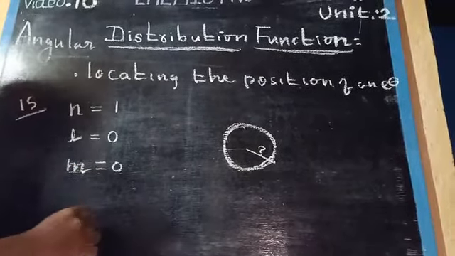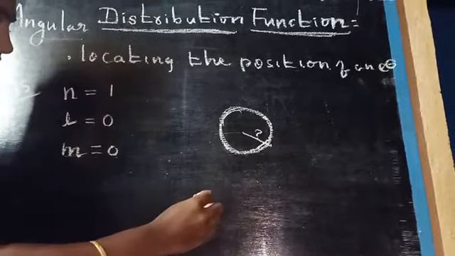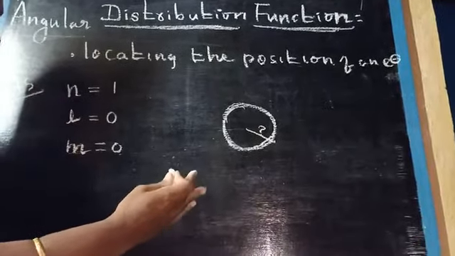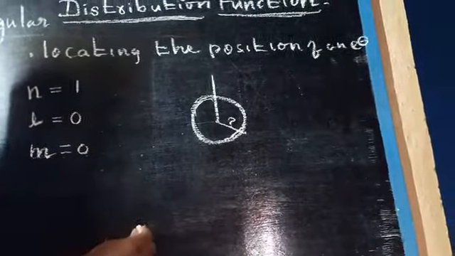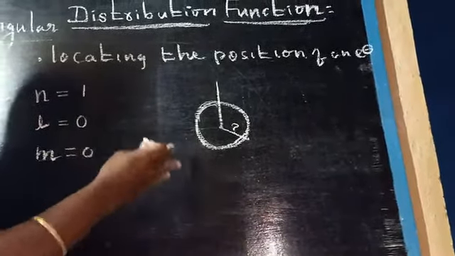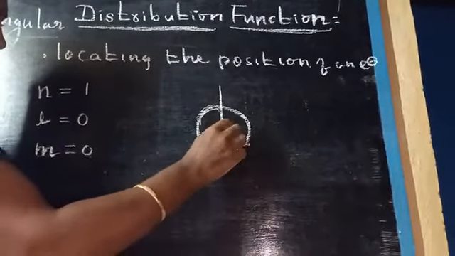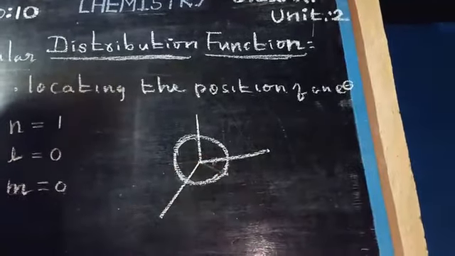Children, in the beginning we discussed one formula, the wave function psi. It depends on three coordinates, because the orbital is in three-dimensional space, so it has three axes: x, y, and z.